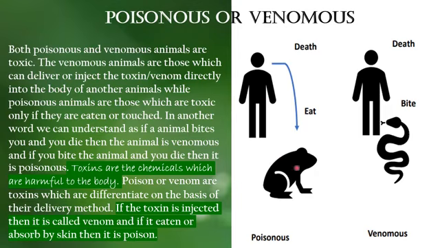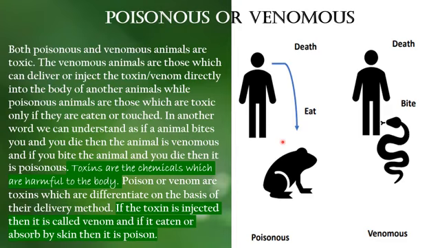In other words, we can understand it as: if an animal bites you and you die, then the animal is venomous. And if you bite the animal and you die, then it is poisonous. Toxins are chemicals which are harmful to the body.